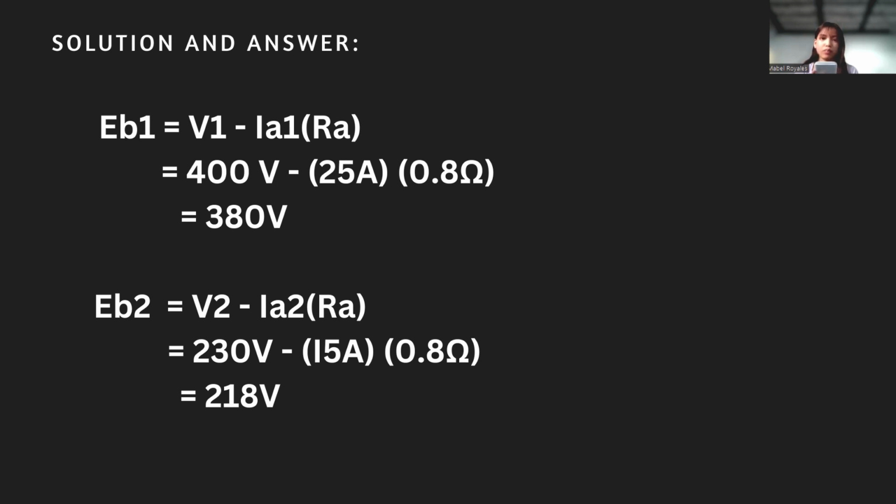So, 400 volts minus 25 amperes times 0.8 ohms. So, it is 380 volts. Then for EB2, the back EMF, V2, 230 minus IA2 or 15 amperes times 0.8. So, what we got is 218 volts.